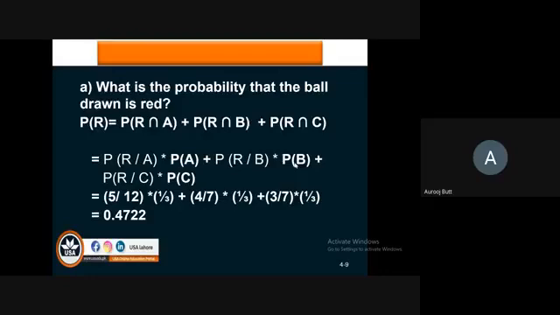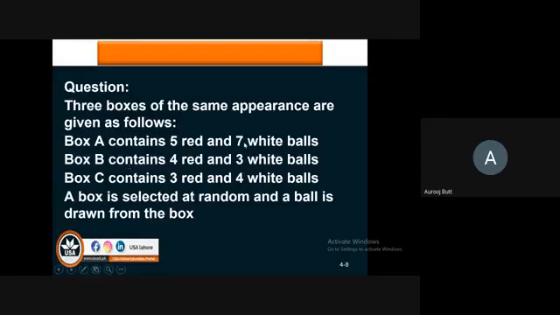So now you need to compute the probability that the ball selected is red in color and it came from box A. So total number of balls in box A, that is equal to what? That is equal to 12, because we have a total of 5 red and 7 white balls in box A. So 5 plus 7 is equal to 12.